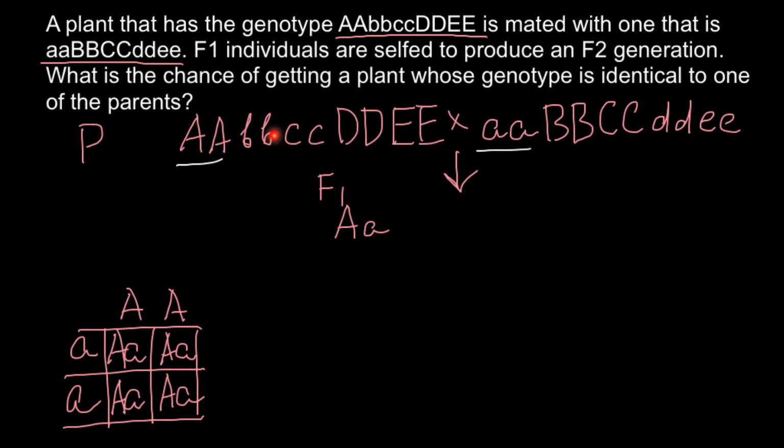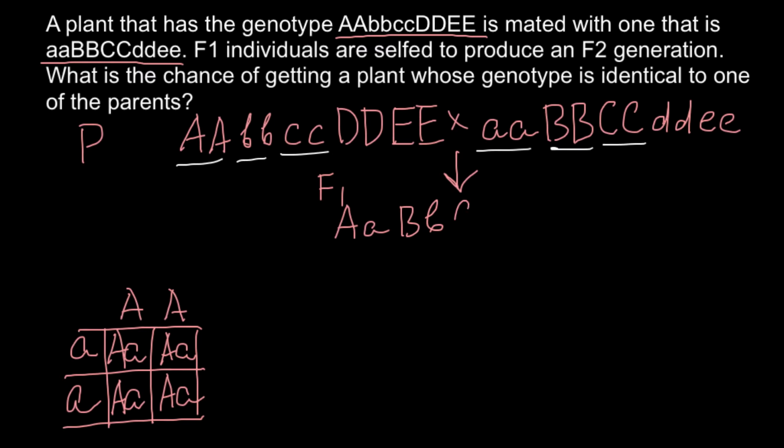And let's consider all the rest of the genes. As you see here, one parent is homozygous recessive and the other homozygous dominant for the gene B. So the same picture would be here, and homozygous recessive here, homozygous dominant here.